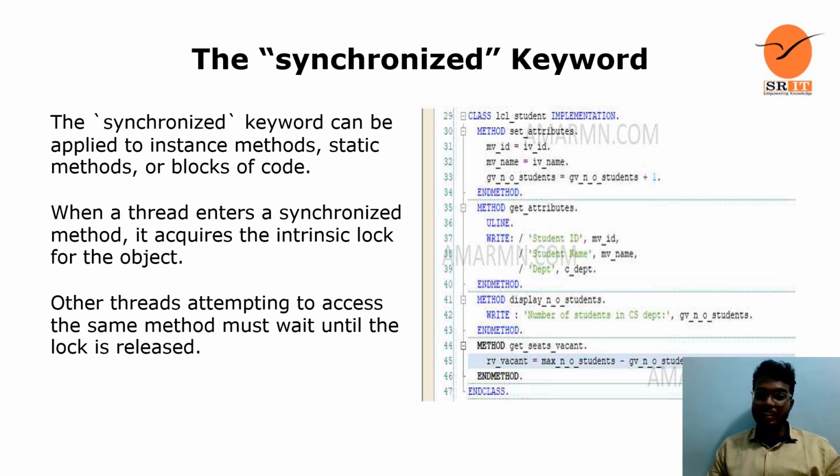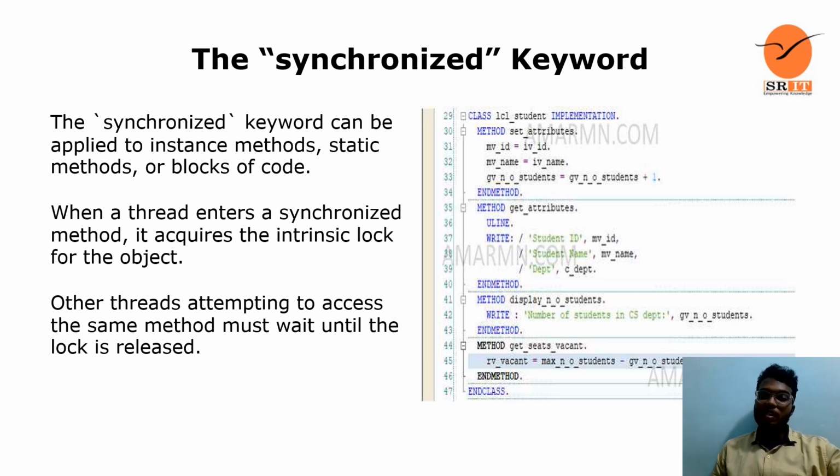The synchronized keyword. What is the synchronized keyword? As we have already discussed, to maintain synchronization in Java programming, we use the synchronized keyword, and it is applicable to instance methods, static methods or blocks of code. When a thread enters a synchronized method, it acquires an intrinsic lock for the object.